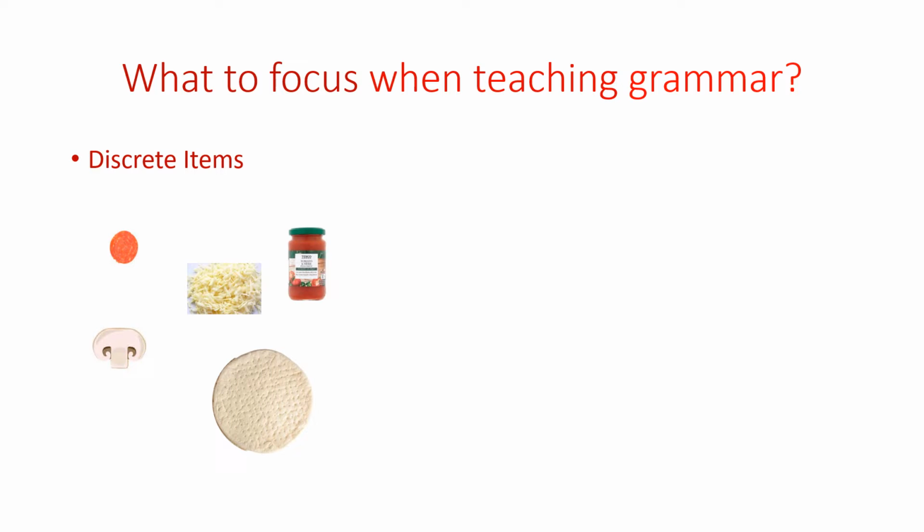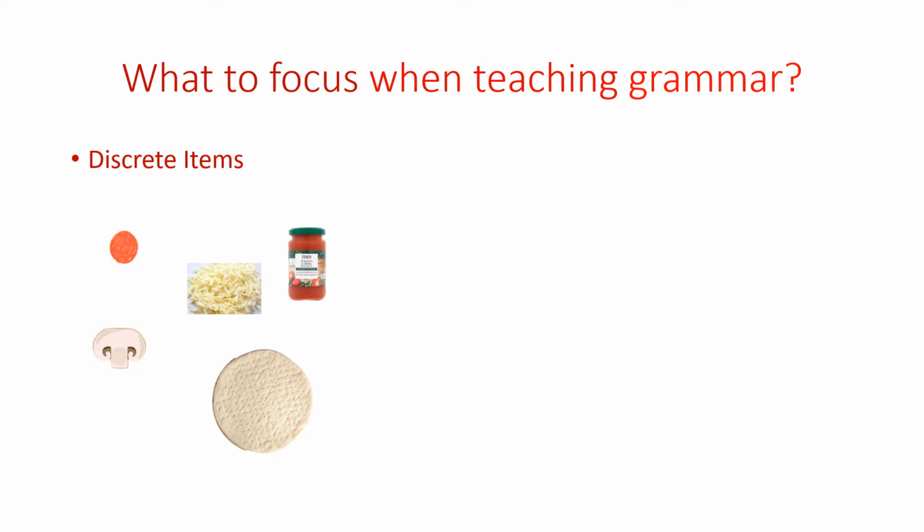One is when you teach grammar as discrete items. You can take the analogy of making a pizza and assembling the ingredients on the pizza. So the discrete items would be the individual ingredients that are required to assemble that pizza. So if you know each one of them, then you can actually put them onto the base and create the pizza.